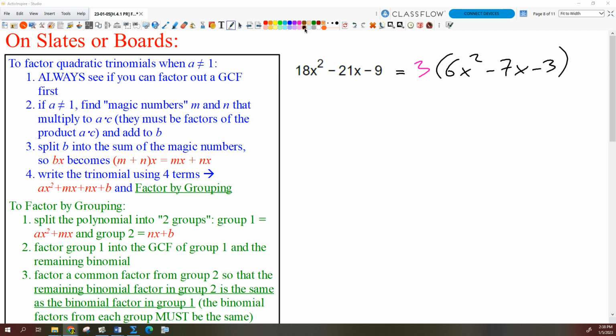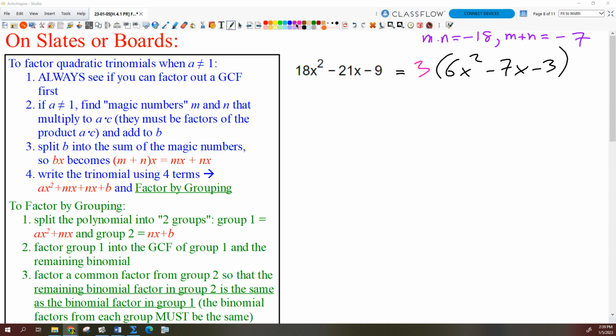Okay, that's good. Now we're left with a trinomial, but at least the coefficients are smaller. So now we need to find magic numbers. So what do we get here? M times n, which is what? Negative 18. M plus n has to equal negative 7.